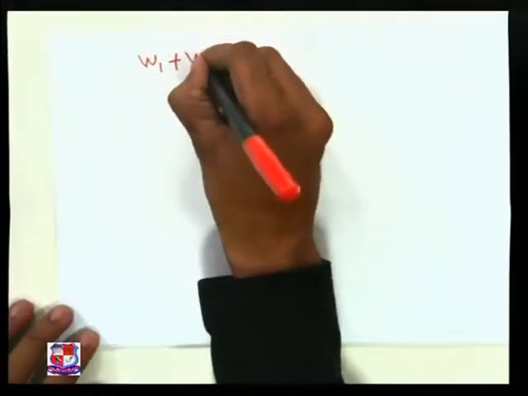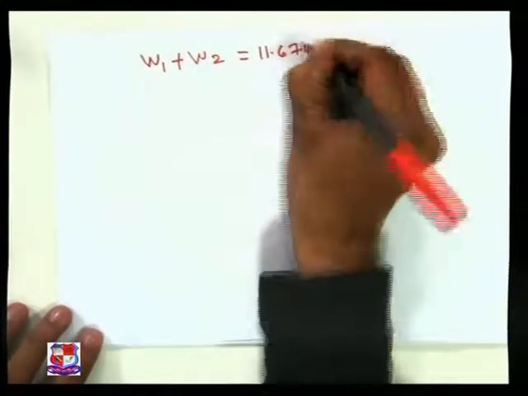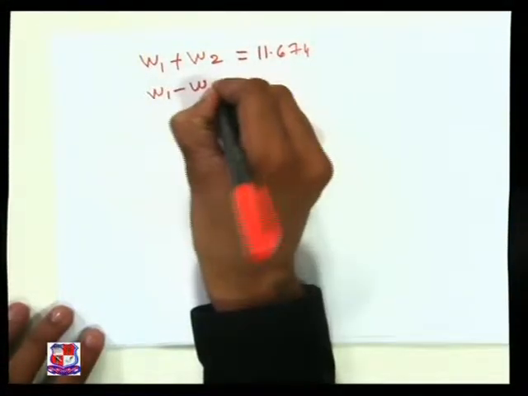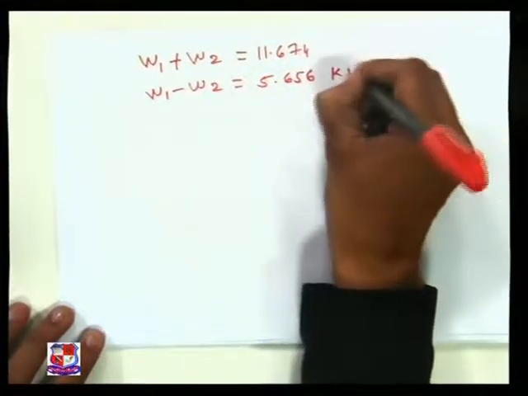We have to find the value of each individual reading, because we have the equations W1 plus W2 and W1 minus W2. Using our maths, W1 plus W2 is 11.674 and W1 minus W2 is 5.656 kilowatt.